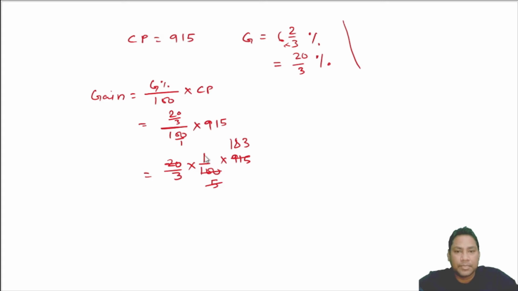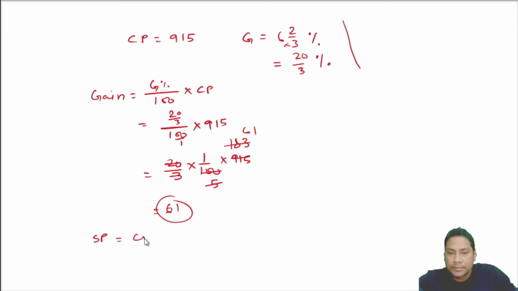The 12 is divisible by 3, so the whole number will be divisible by 3. Likewise, we divide it: 6 3s are 18 and 1. This will become 61. We have got the gain is 61 and the cost price is 915. So the formula of selling price is cost price plus gain. Cost price is 915 plus gain is 61.